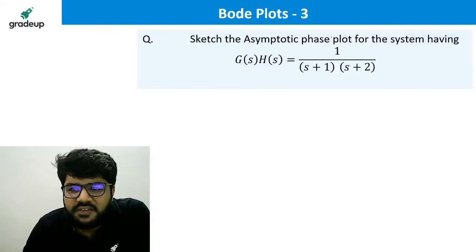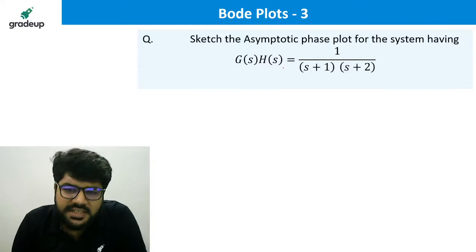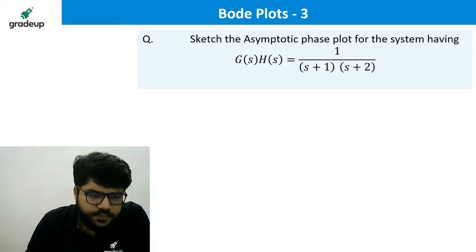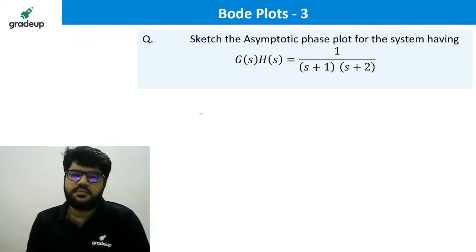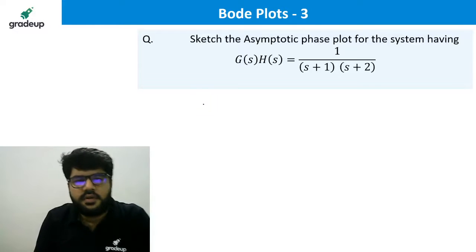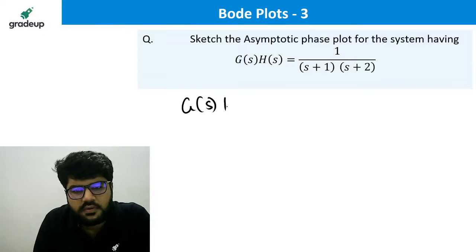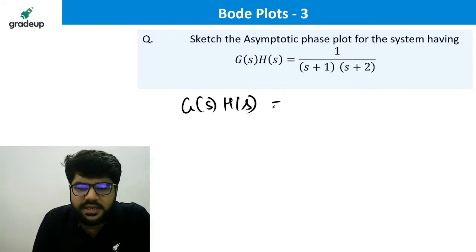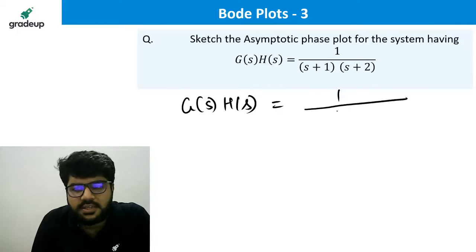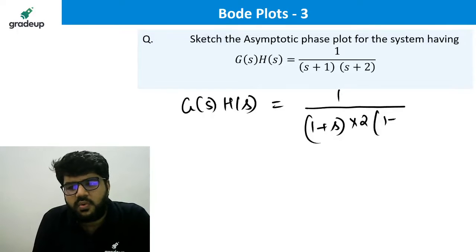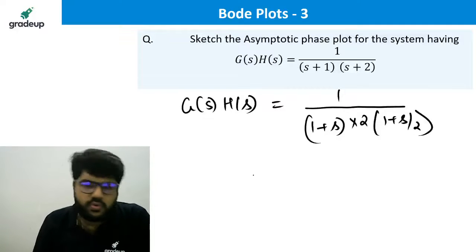Sketch the asymptotic phase plot for the system having G(s)H(s) equal to 1 upon (s plus 1)(s plus 2). Converting it into the 1 plus s form, time constant form, into 2, 1 plus s by 2.